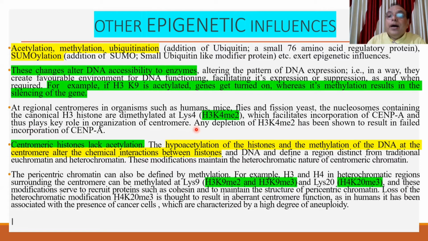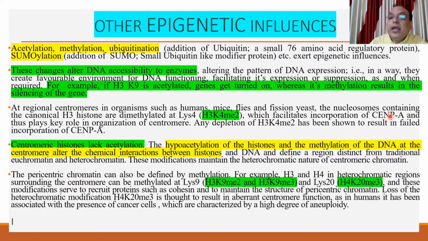But some other factors are facilitating the entry of CENP-A to that stretch of DNA, and that is methylation of the fourth lysine of canonical H3. So if it becomes dimethylated, it facilitates the incorporation of CENP-A.